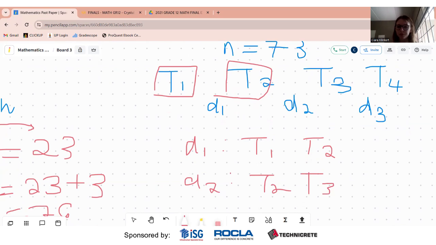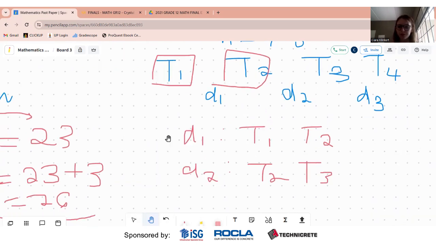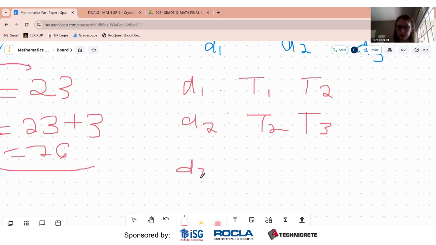So for the 73rd difference, the first term it's between in the quadratic sequence copies the position of the arithmetic sequence, and then for the other term you add 1 to the position. Do you see this pattern? For D2, the first term of the quadratic copies the position, and then we add 1 to find the other.